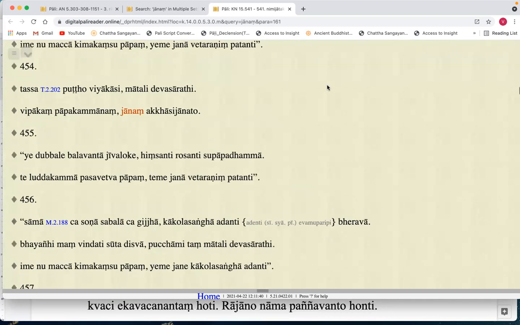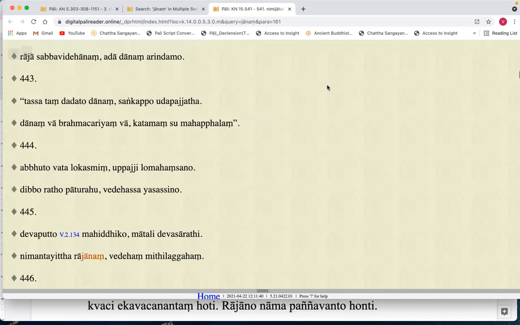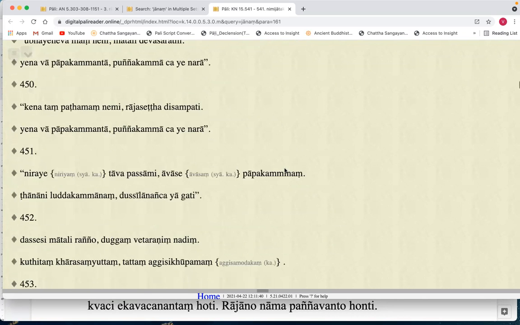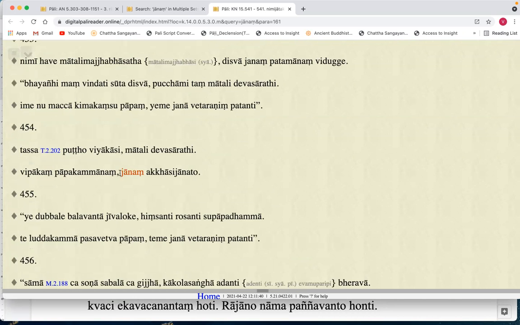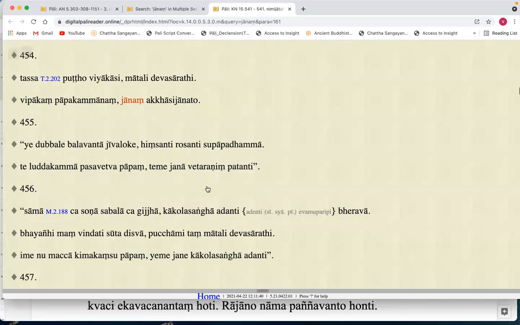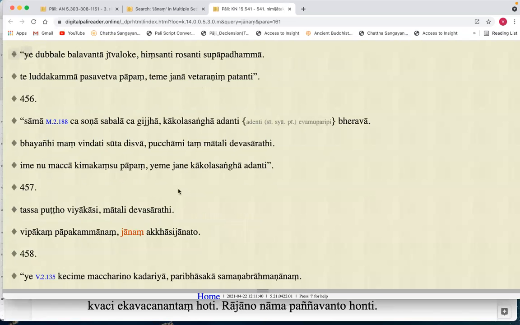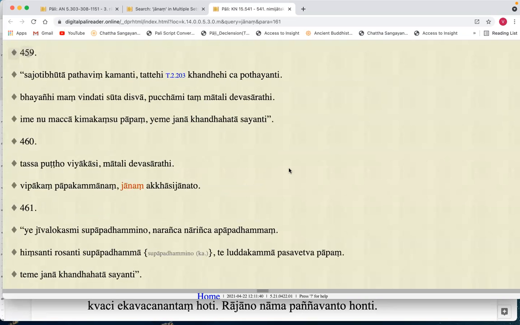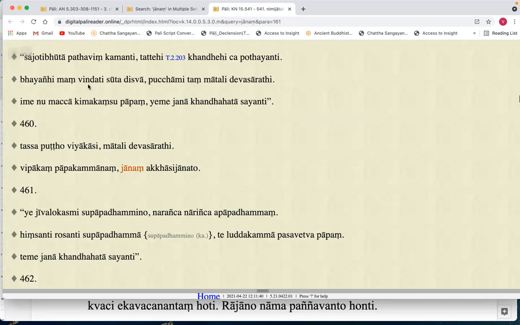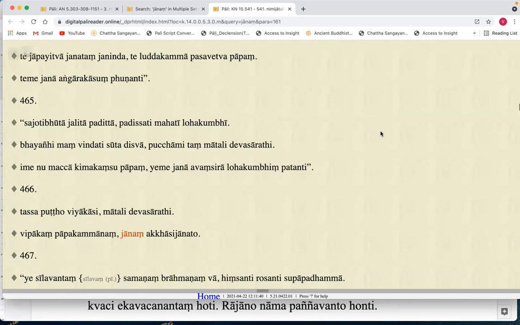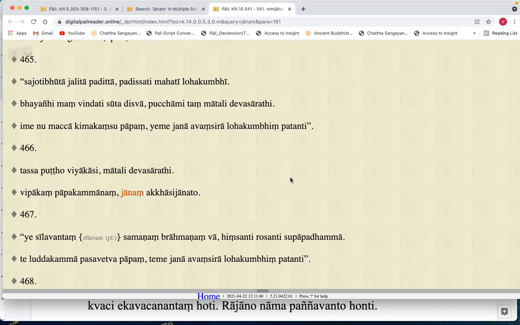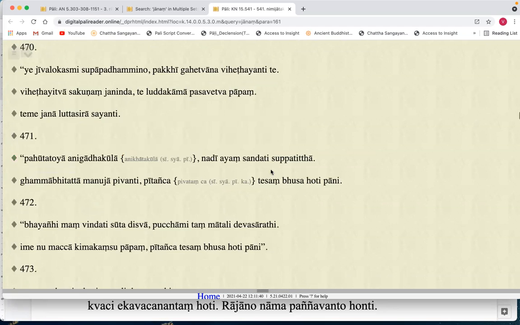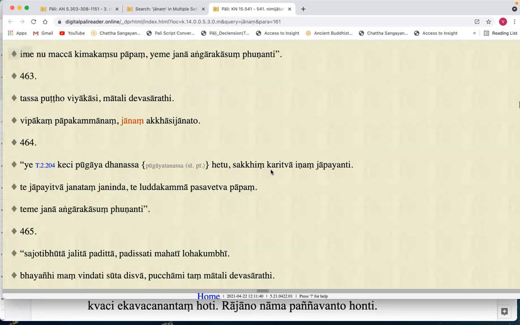Many references. Here Jana ekasi janato 454. And there is another one, Jana ekasi janato 457. Another one 460. Another Jana ekasi 463. And 466. And then 469.